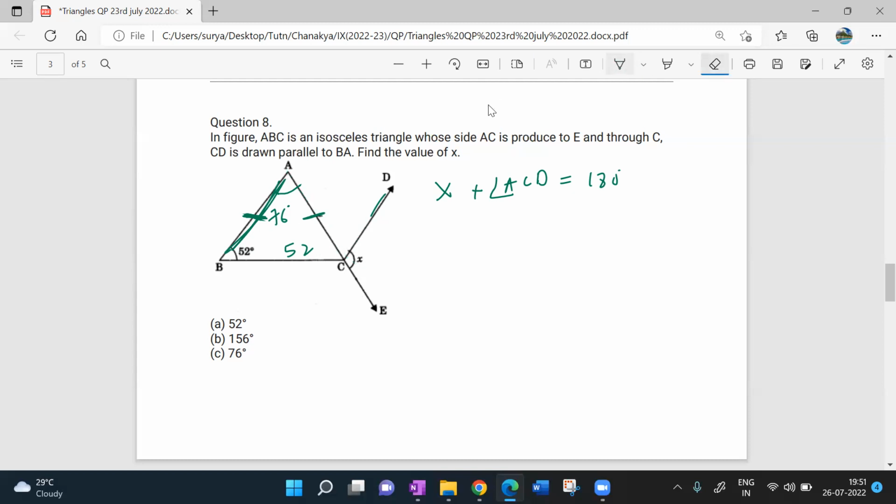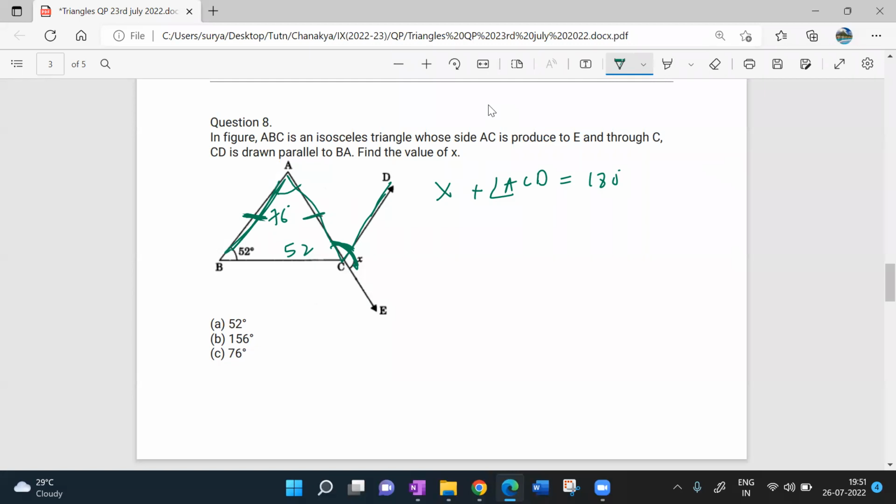Let me tell you one more time. ACD, this one, plus X, this is a linear pair or not? Yes, sir, they are. Both make 180 degrees. That is 76. Exactly. So alternate interior, ACD how much, beta now?